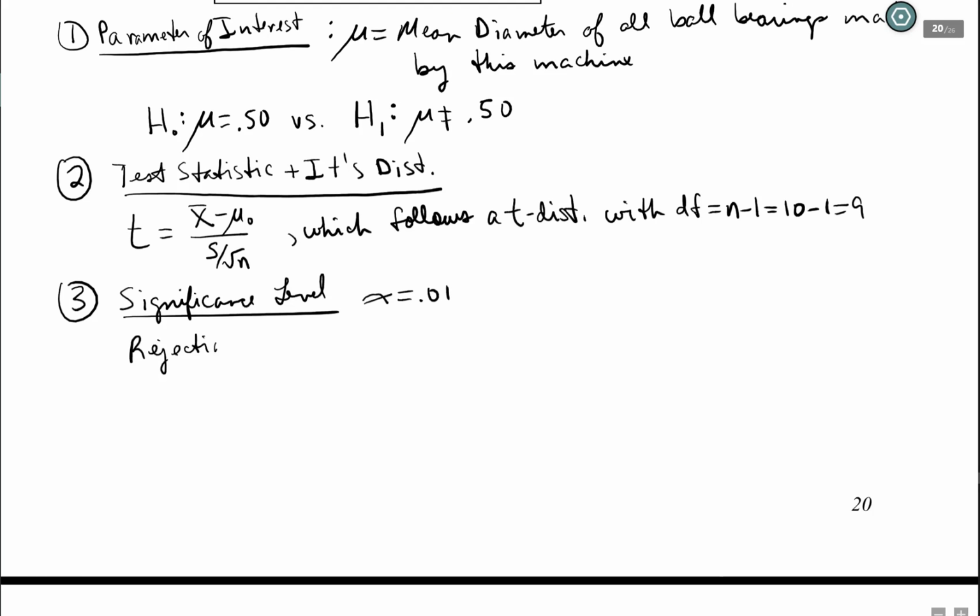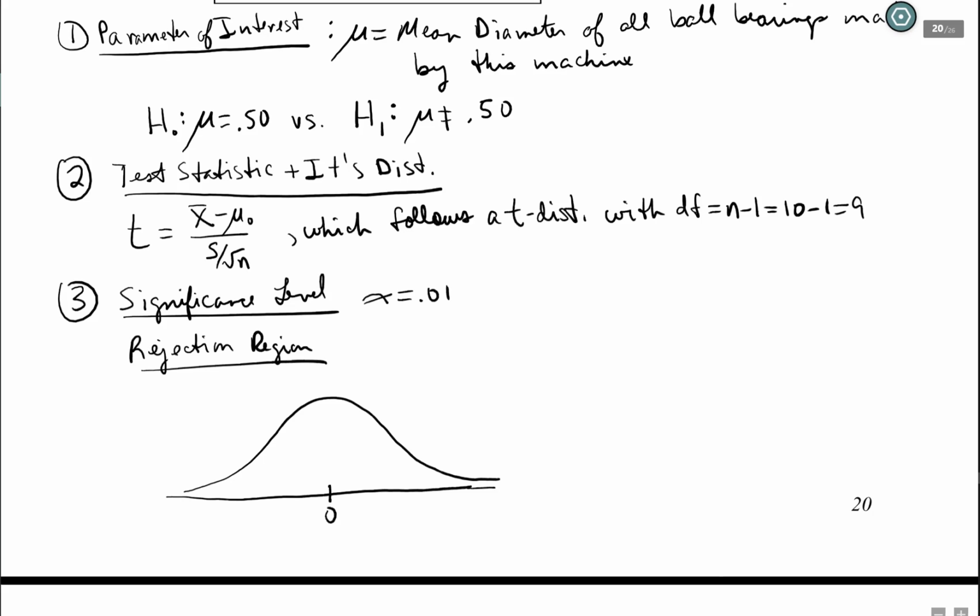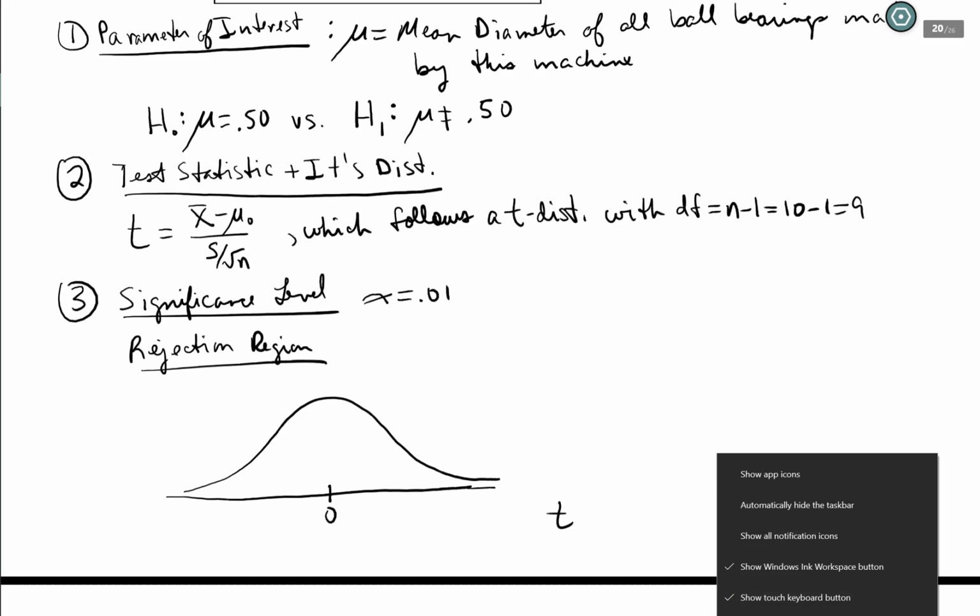Remember, the rejection region just tells you where you're going to reject the null hypothesis, and so the rejection region here is going to be on this t distribution. Here the mean of t is 0. Here is the t-axis. Now, one thing about this rejection region, it's a little different than what we had before.